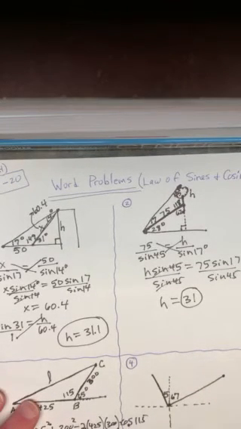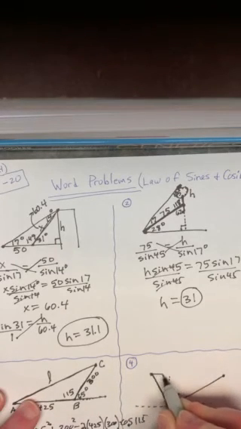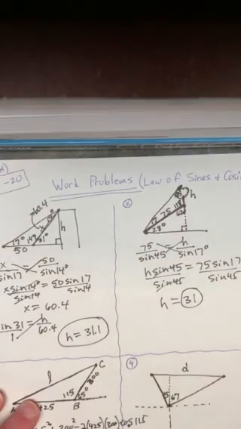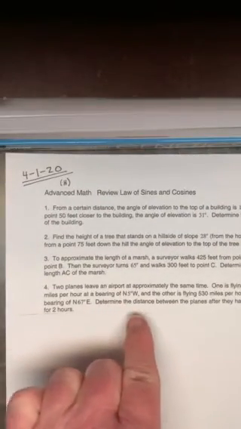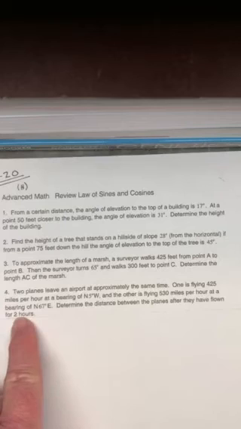And they want you to determine the distance between the planes. So how far is it from that plane to that plane? That's the distance we're seeking after 2 hours. Determine the distance between the planes after they have flown for 2 hours.